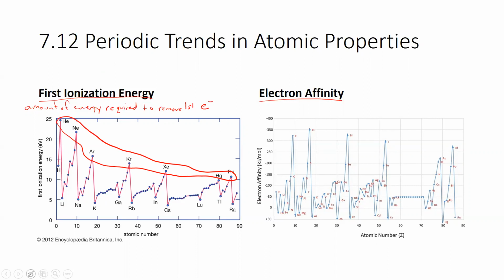The other group we'll look at is the alkali metals. Okay, you'll notice I'm circling those. Again, there's a decrease in the amount of energy it takes to remove that first electron, okay? And so that is a decrease from top to bottom within a group.